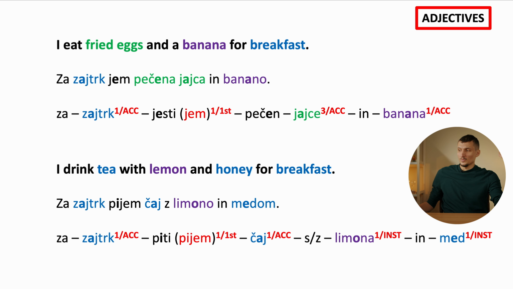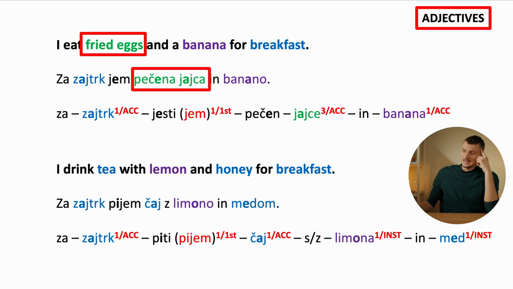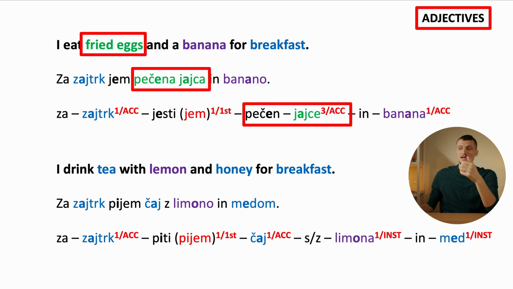And then when it comes to adjectives, we said that we will color them in the English sentence and also the Slovenian one, but that we generally leave adjectives just as they are, like pečen, because it saves us room, it saves us space at the bottom.